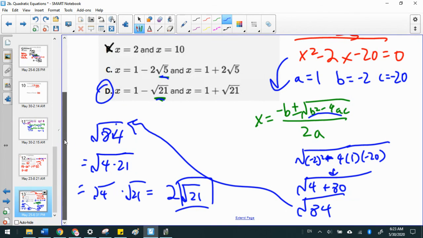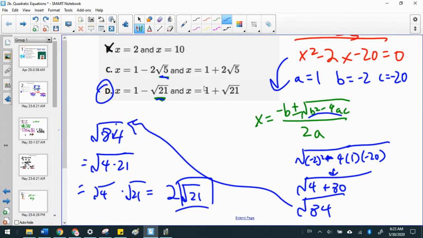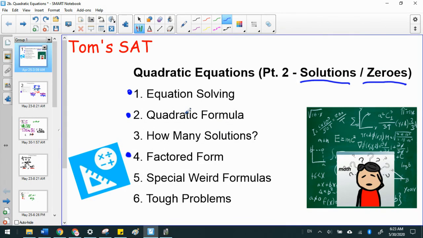So to recap, the quadratic formula is super, super good for deciding how many solutions you're going to have and what kind of radical you're going to have, if any.